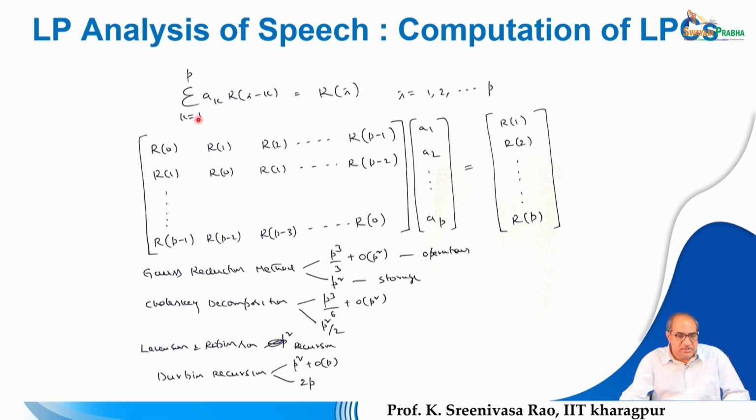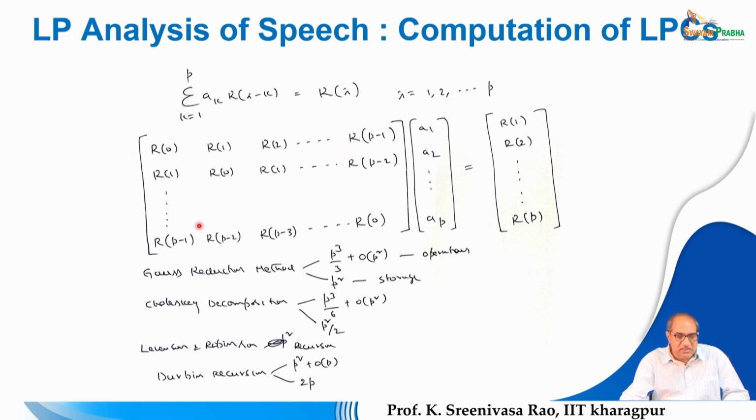Now this expression consists of a set of relations, for every i varying from 1 to p, we have the corresponding relations. If you look at this expression in the matrix representation, you can see R of i minus k, by giving different values of k and different values of i.